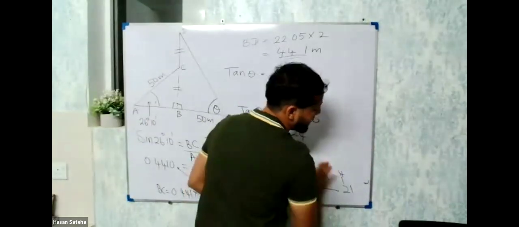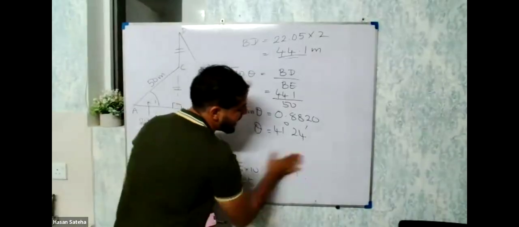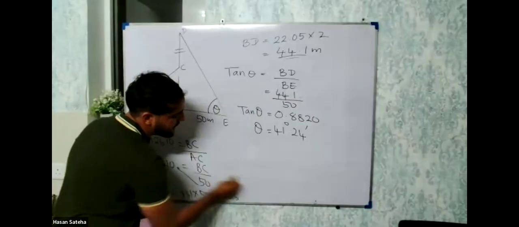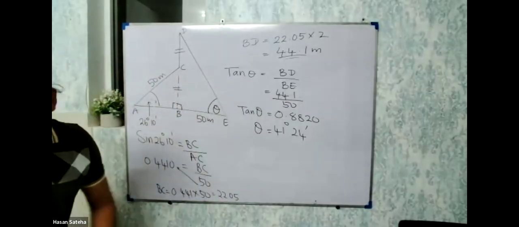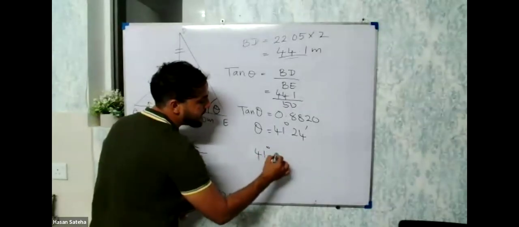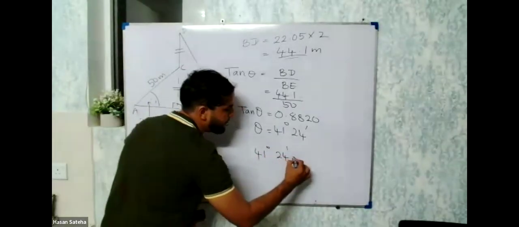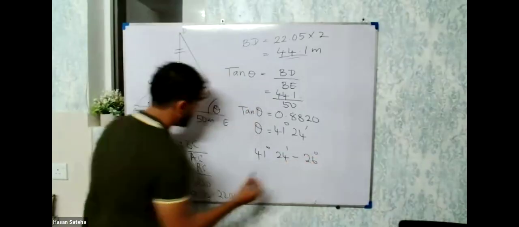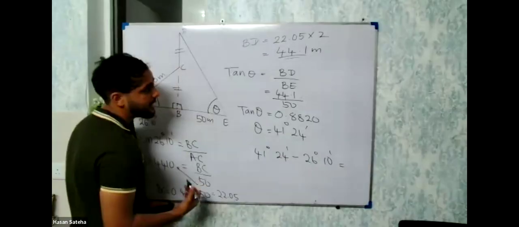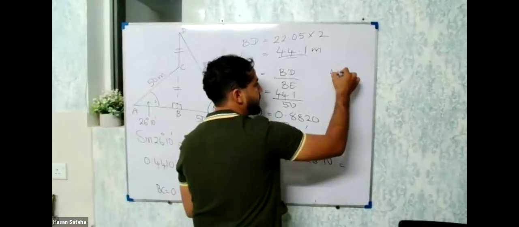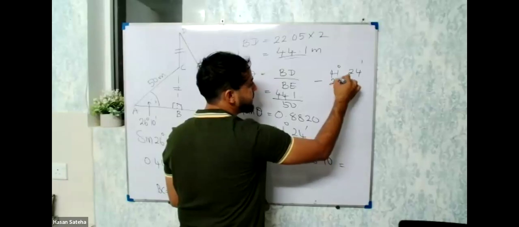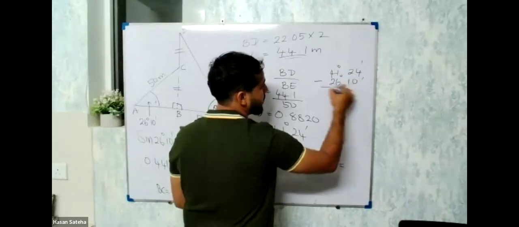You have to show the difference is more than 15 degrees, right? Now simply we just have to subtract to find the difference. 41 degrees 24 minutes minus 26 degrees and 10 minutes.